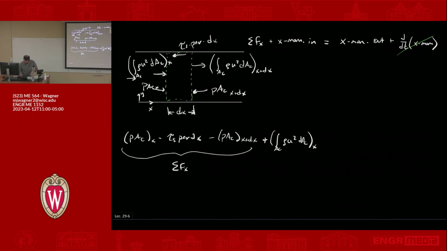That's all equal to, on the right-hand side, the area integral of rho u squared d A c at x plus dx. So we have our forces in x, x momentum out, and x momentum in.